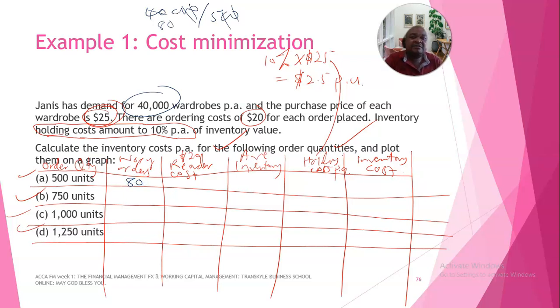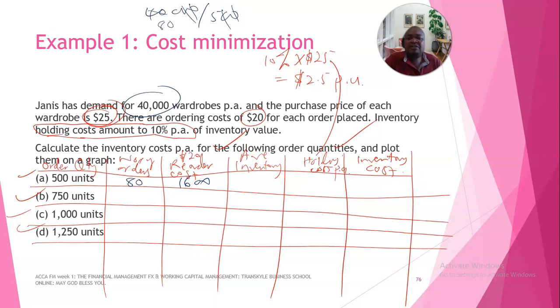Then the reorder cost becomes how much? We are told that to place an order, you pay $20 per order. So 20 multiplied by 80 becomes 1,600.